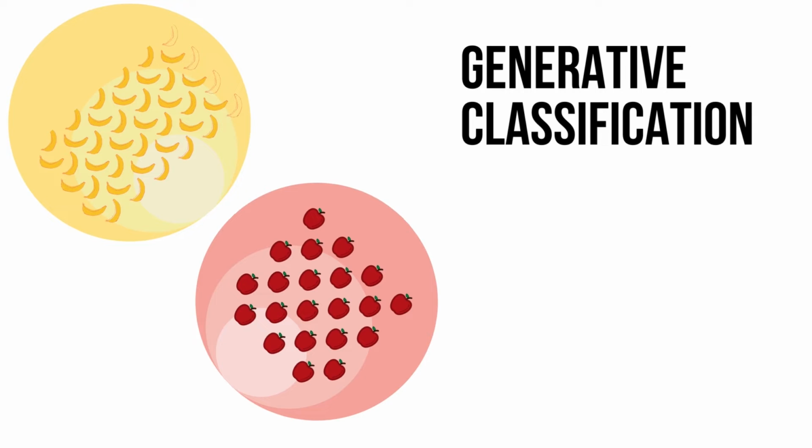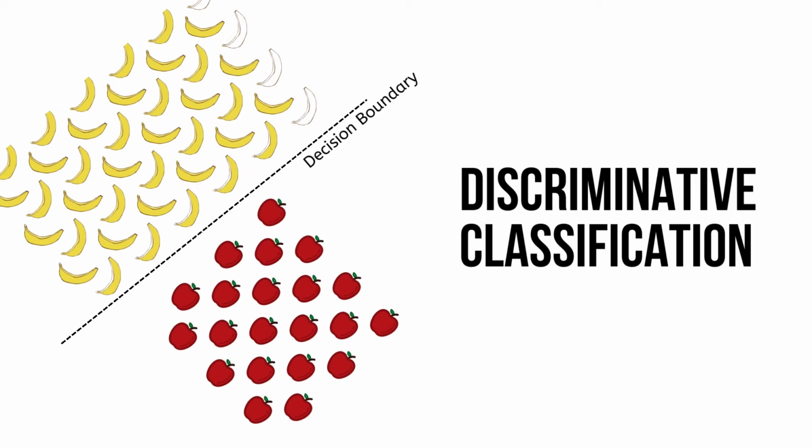Moving on, let's formally define our two types of algorithms based on our aliens' approach. The first alien's method is a prime example of what we call generative classification. This is where a model learns to generate a representation of each class. It's like learning how an apple or a banana looks and using that knowledge to identify future instances.